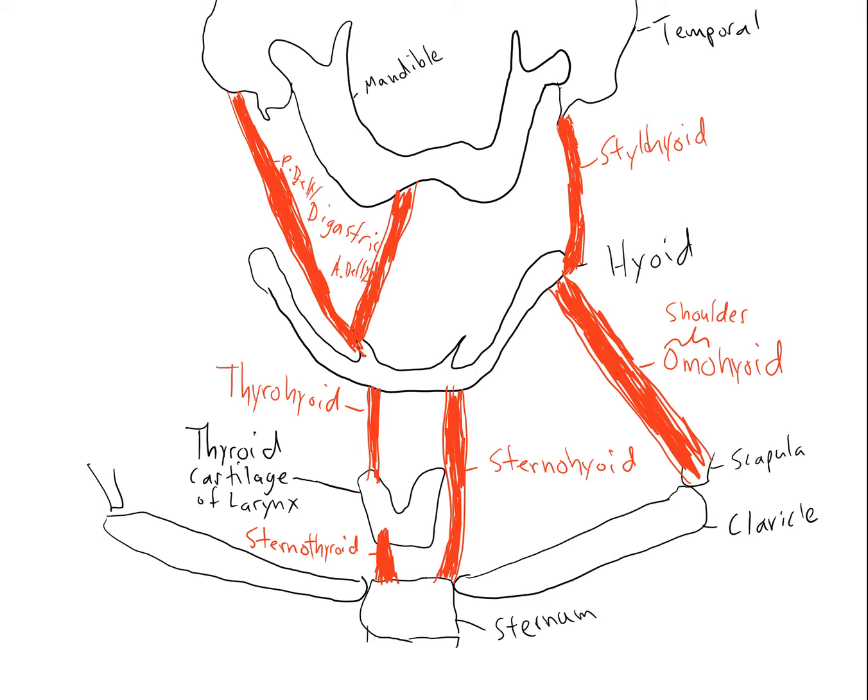I'll have to lay it over, and so I think I'll actually draw the left side and draw it over the words that I put for sternohyoid there. We'll just move that out of the way for now and write it up here. Sternocleidomastoid.